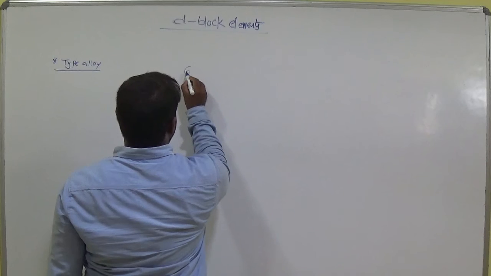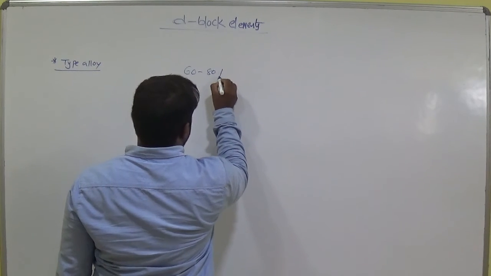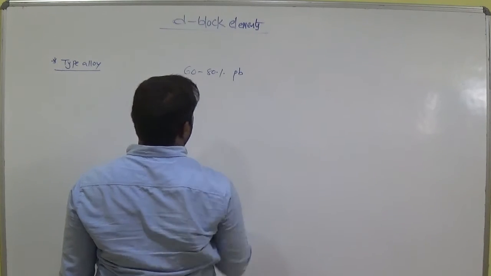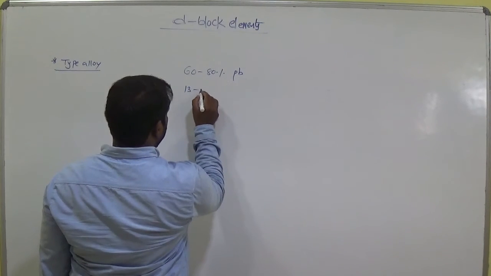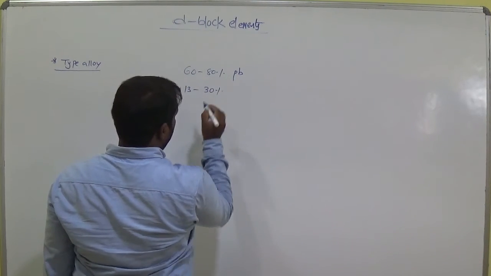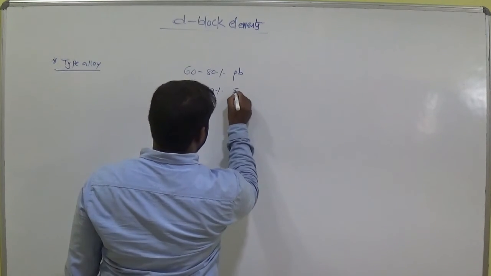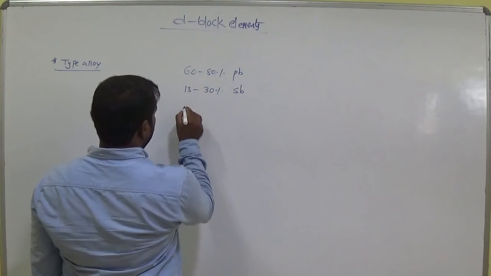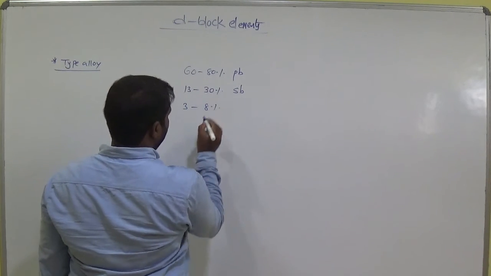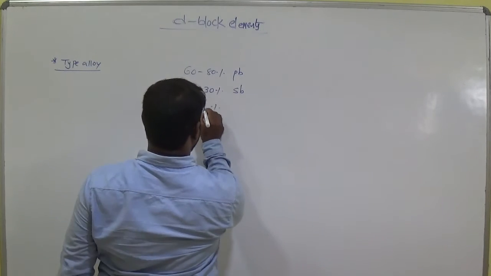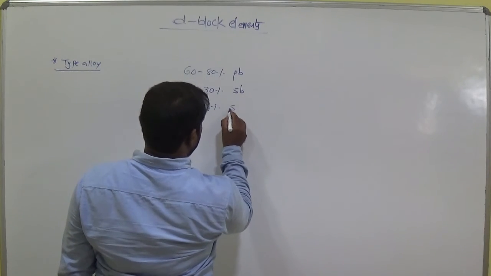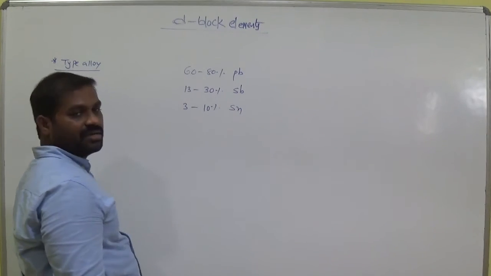This type alloy consists of 60 to 80% of lead, 13 to 30% of stibium, 3 to 8% of stannum, and 3 to 10% of another component.